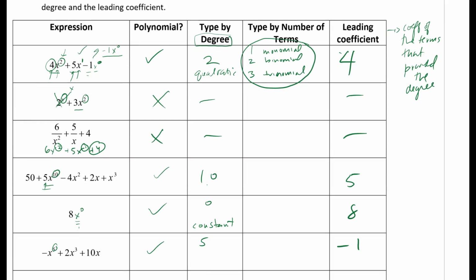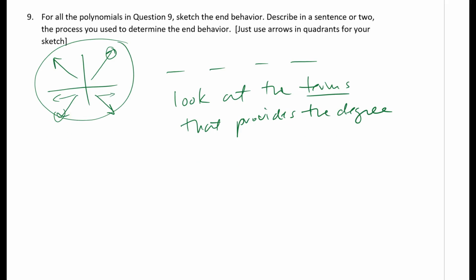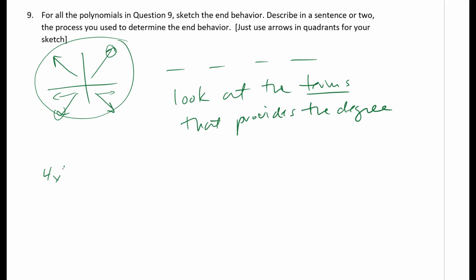So if we look at the first expression here, 4x squared is the term that told us the degree. So all we have to do is think about what happens to the end behavior for 4x squared.